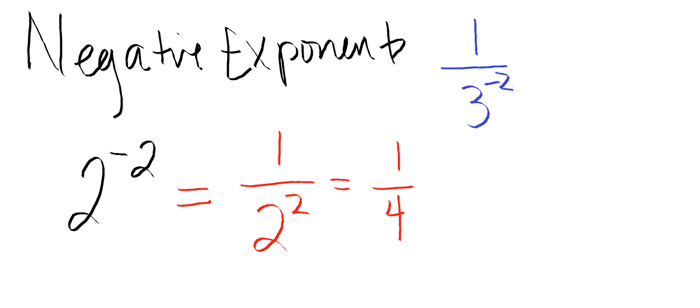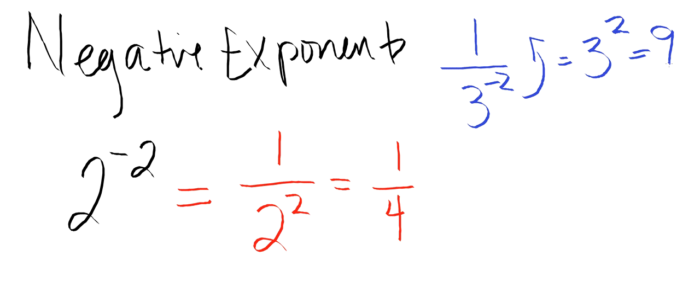I still have a negative exponent. I'm just going to take this and, instead of moving it down into the denominator, move it back up into the numerator. So that's really the same thing as 3 squared, which gives me 9.